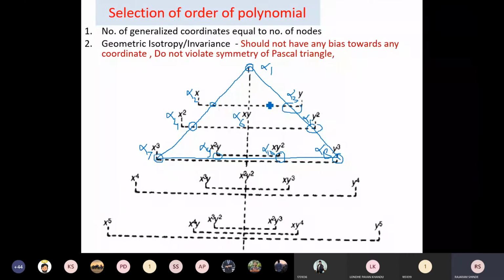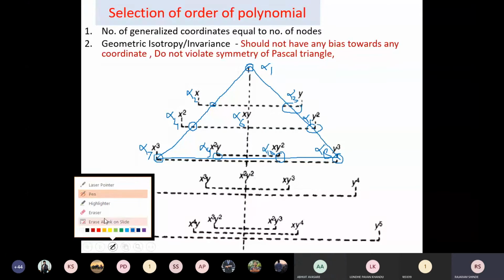Now in this way, if we maintain the symmetry of the Pascal's triangle, then we can write the polynomial for two-dimensional element. Any doubt here? Any doubt? Abhijit Avsare. Abhijit. Aditya Mane. Yes, sir. No doubt, sir. Now see here, just you have to maintain the symmetry of the Pascal's triangle.